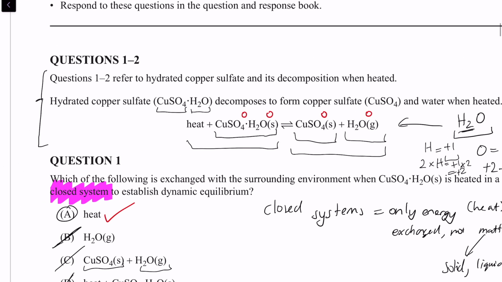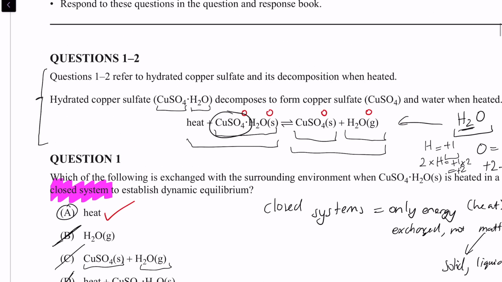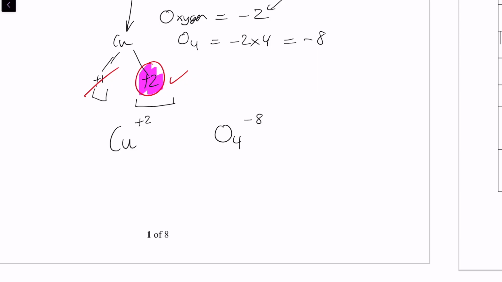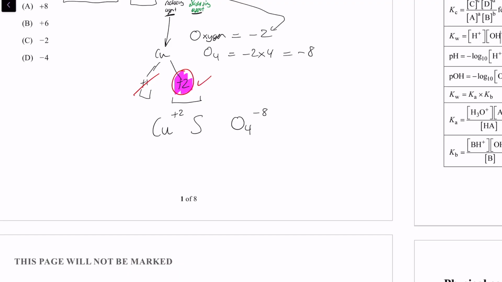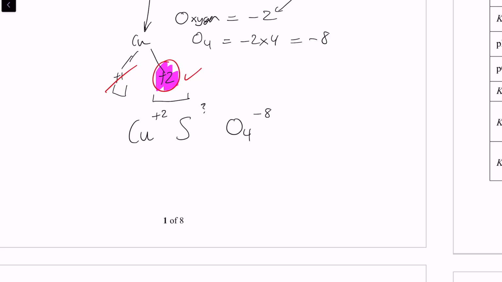So is there an oxidation number specifically stated in this part for copper in the hydrated copper sulfate? No, it doesn't have anything, so we assume that the overall oxidation number is 0. So basically, if we just wanted to rewrite this again, but with our oxidation numbers and a question mark for the sulfur, because that's what we're trying to find, then essentially it's just basic algebra. 2 plus something plus minus 8 equals 0.